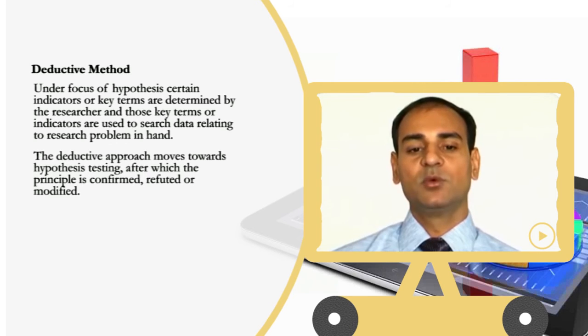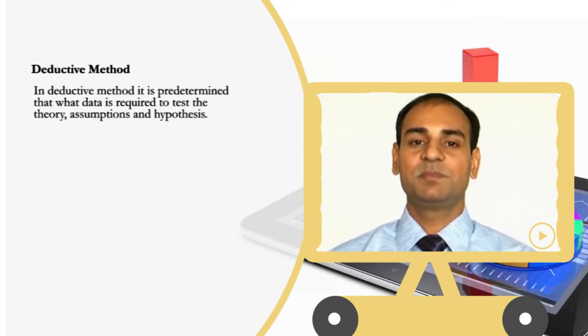The deductive method moves towards hypothesis testing or principle confirmation or rejection. Ordinarily, hypotheses are structured to establish the correlation between two variables, facts or concepts.